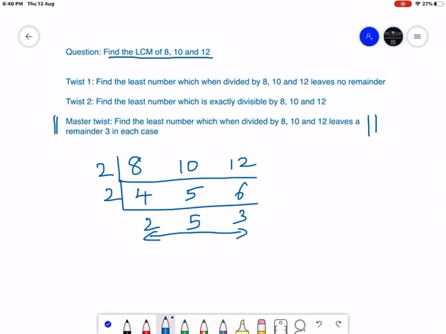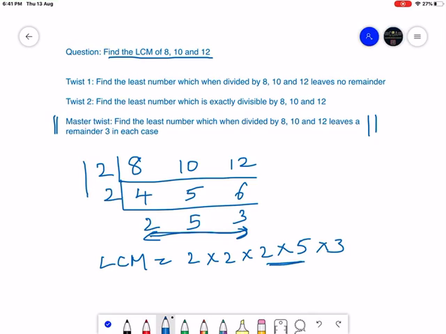So here the LCM is 2 times 2 times 2 times 5 times 3. Right? So here 2 times 2, and here 2 times 5 times 3. This is how I write my LCM. Now a 2 and 5 pair is appearing. Whenever a 2 and 5 pair comes in your answer, it is easier to leave them aside.